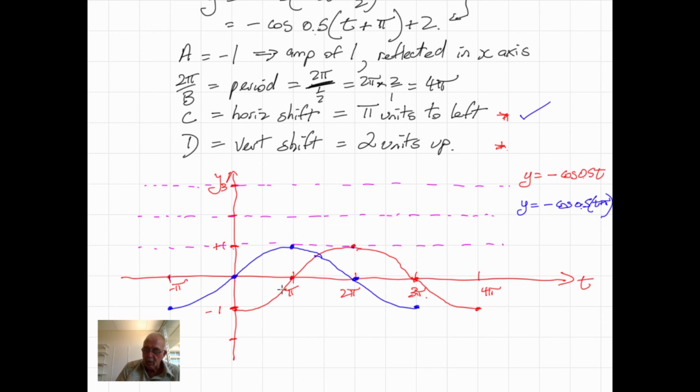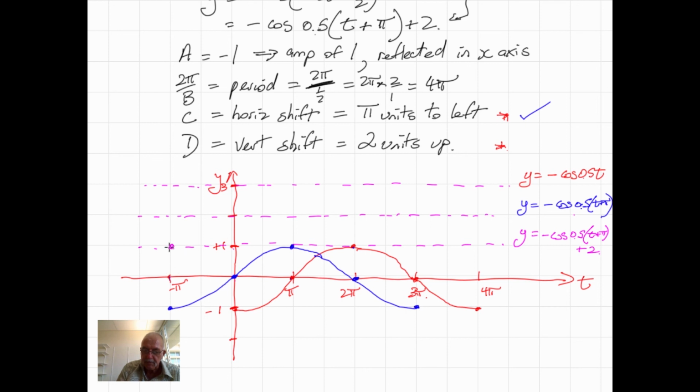So all points on the blue graph, which was before we did the vertical shift, are going to be moved up. My final graph is y equals negative cos 0.5 (t plus pi) plus 2. So every point on the blue graph has got to be moved up 2 units.